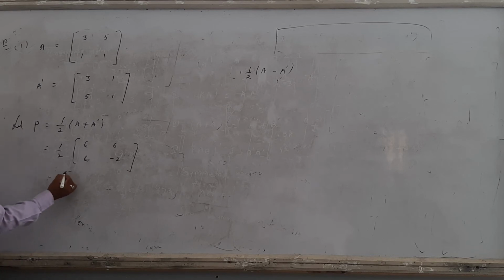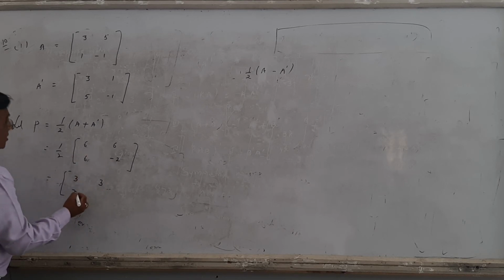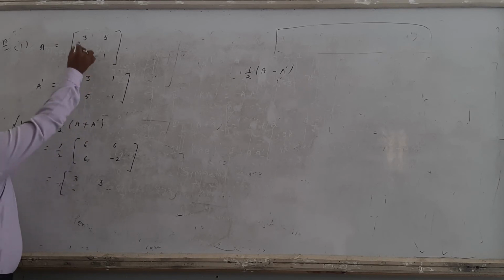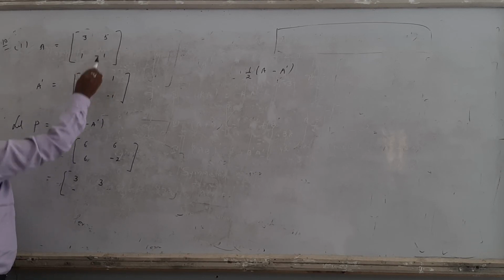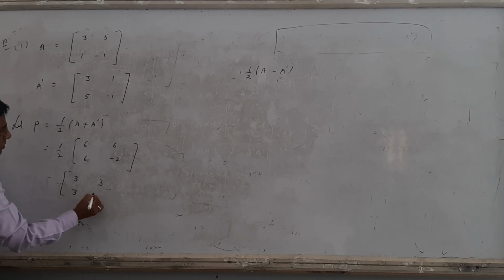Then multiplied by half, so 3, 3, 3, and minus 1.